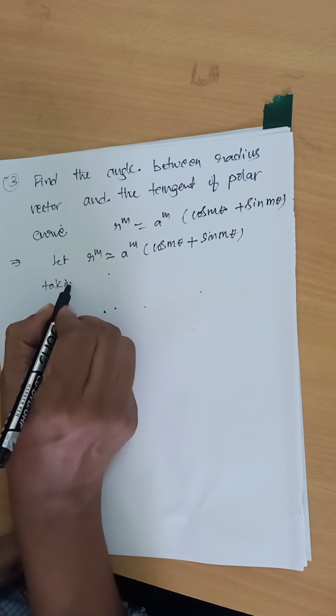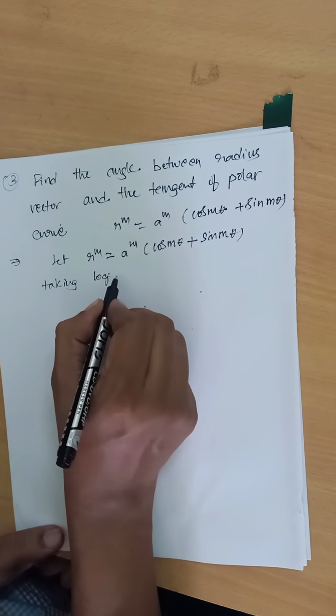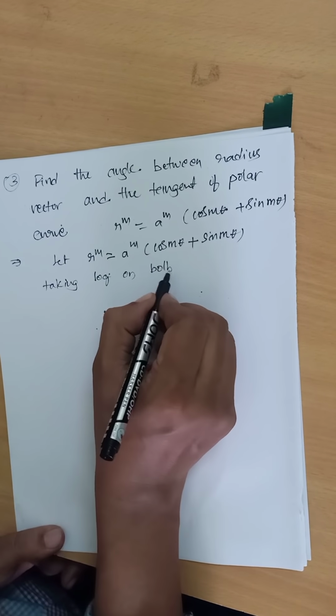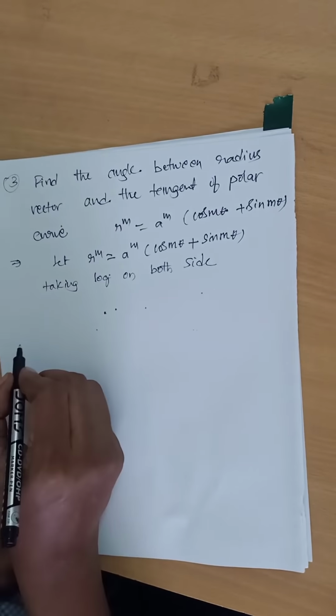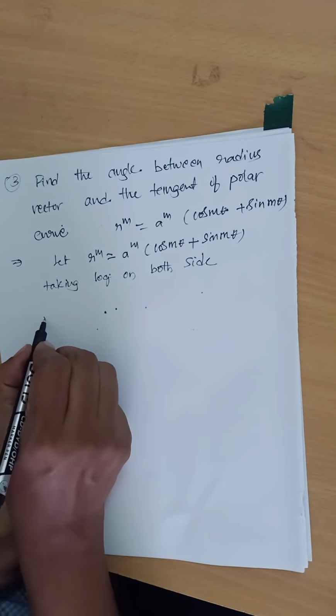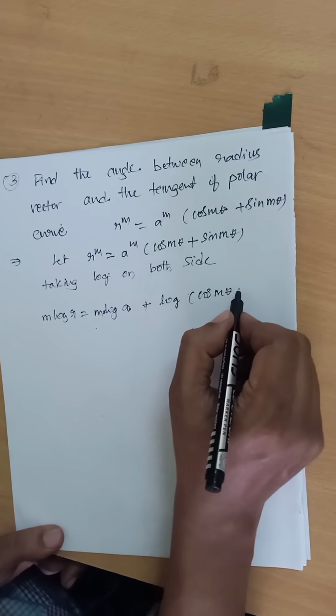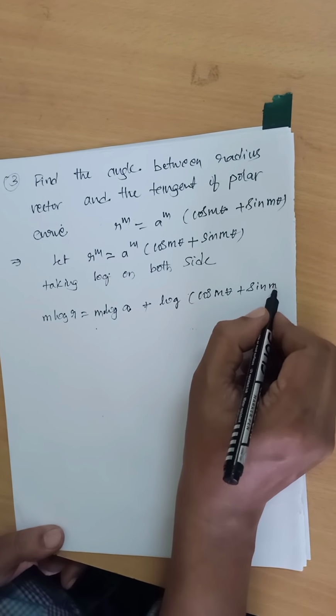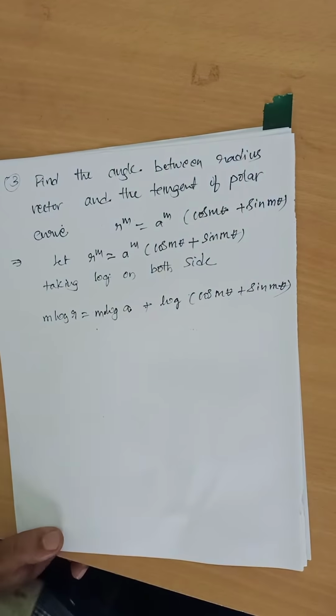Taking log on both sides, that is m log r is equal to m log a plus log of cos m theta plus sin m theta. Applying the property of log, just write like this. The very next step is differentiate with respect to theta.